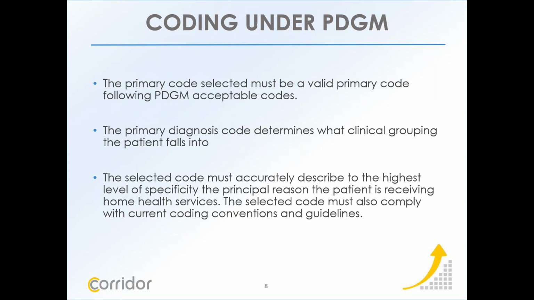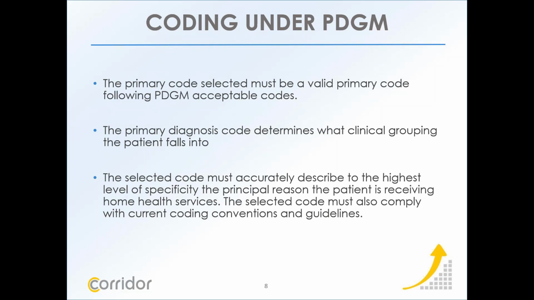Under PDGM, the primary code selected must be a valid primary code following PDGM acceptable codes. We want to remember, just because it says unspecified in the code name doesn't always mean it's going to be a non-acceptable code, and we're going to touch more on that later. The primary diagnosis code is going to determine what clinical grouping the patient falls into, those 12 clinical groupings that Amanda was just speaking of.